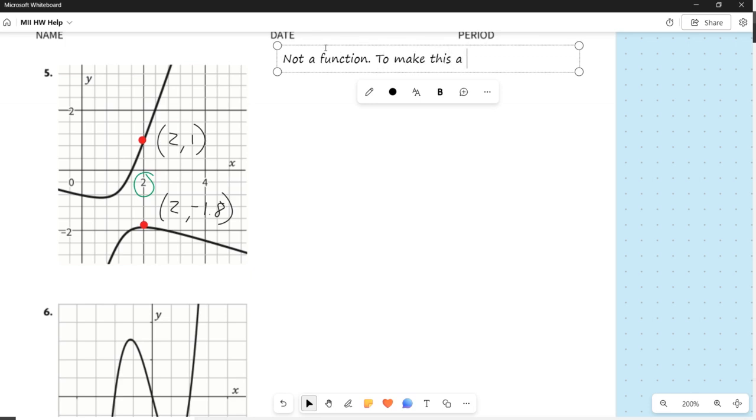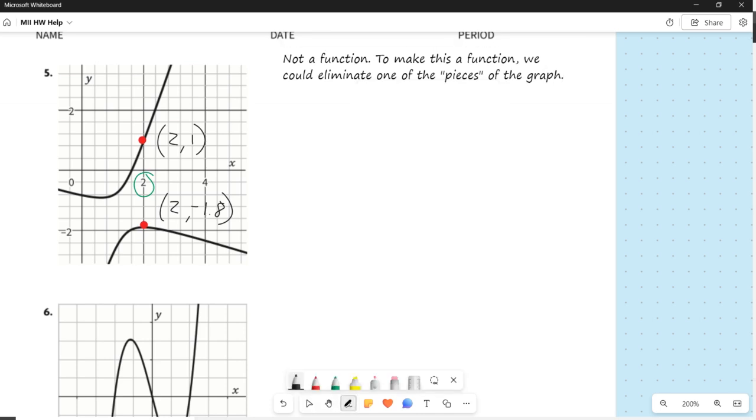To make this a function, we could eliminate one of the pieces of the graph. Theoretically, if we were to eliminate that bottom piece entirely, and we were left with just this piece, that would be a function. So that would be one way to fix it.